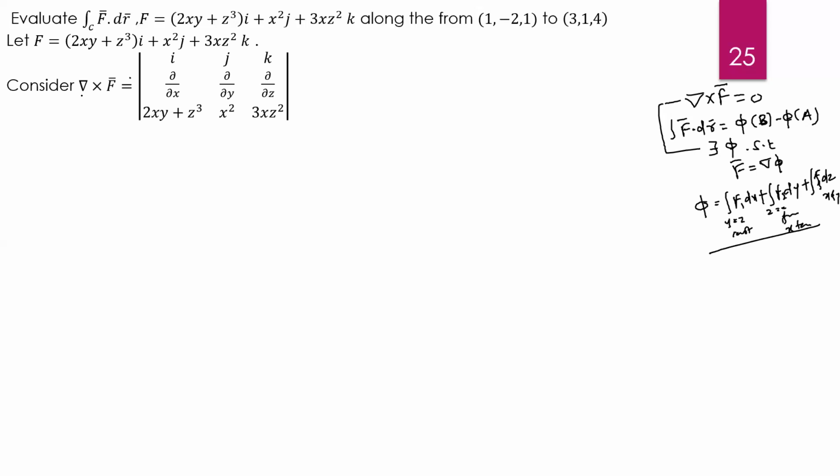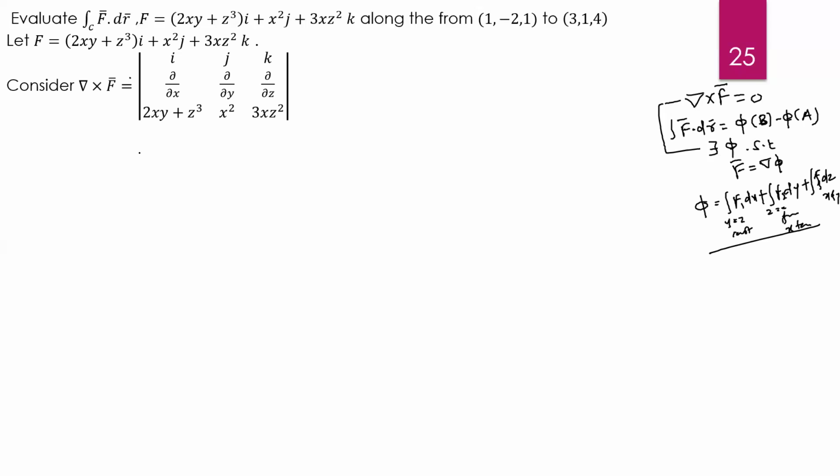Del is the vector differential operator having components partial derivative with respect to x, the second component with respect to y, and the third component with respect to z. And the third row is the components of f bar, that is, the first component 2xy plus z cube, the second component x square, and the third component 3 times x z square. Okay, now let us solve this determinant.